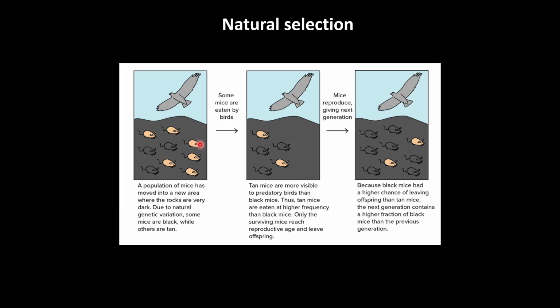But the tan colored mice are more visible to the predator birds, and are consumed by those predator birds more than the black colored mice. And ultimately, after a few generations, it is found that only black colored mice survive because of the struggle for existence. As they changed their color due to mutation, they survive, and tan colored mice are completely eradicated.